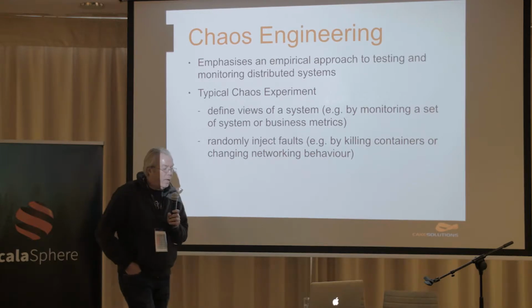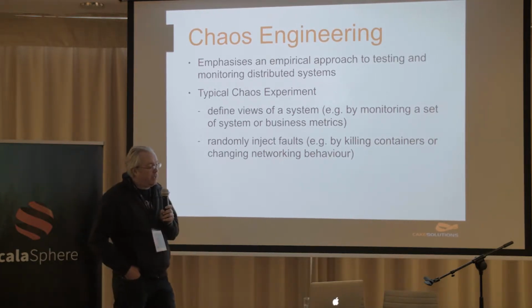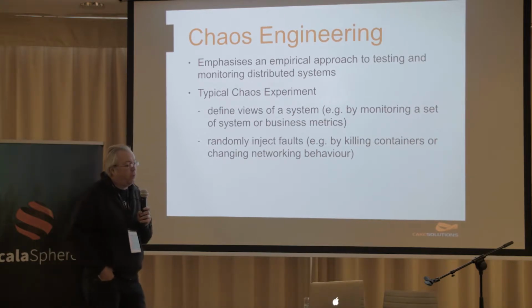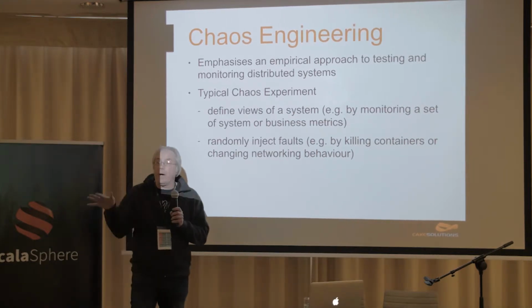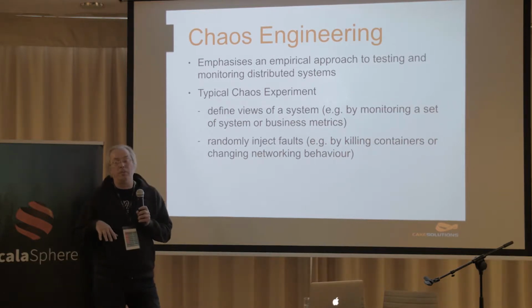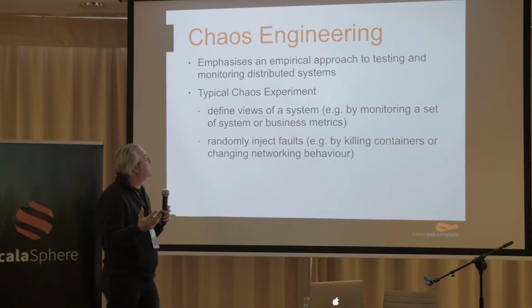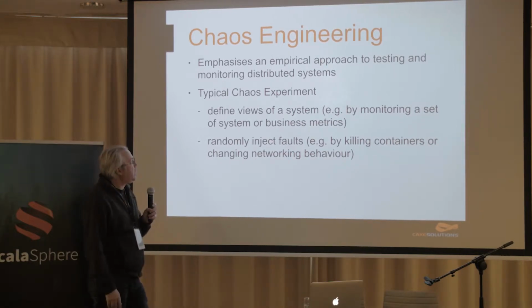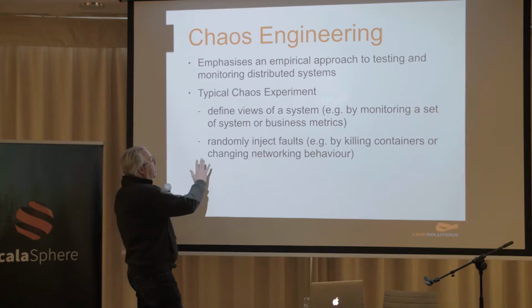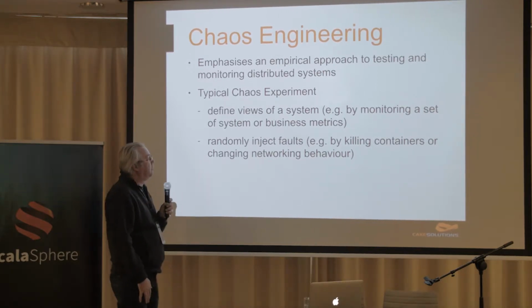In defining an experiment, you'd first of all define some views of the system you have under study. You might define those views in terms of some form of monitoring metrics, be they business or whatever. Then you randomly inject faults into this system.